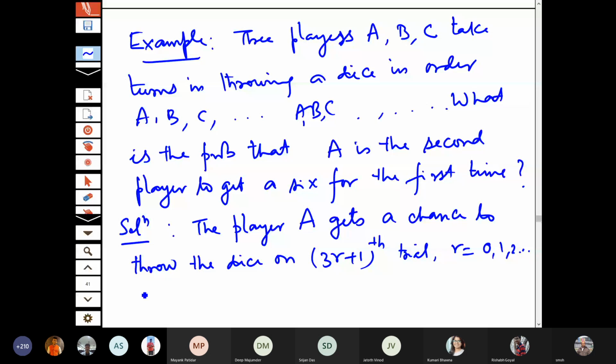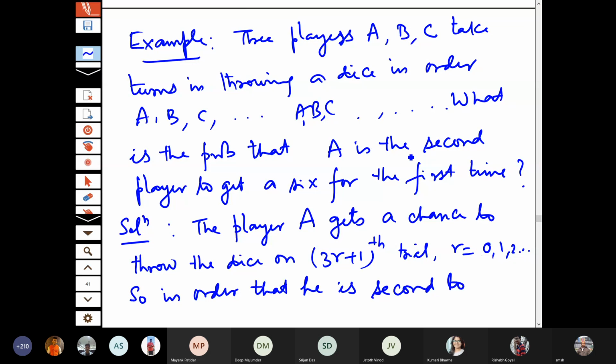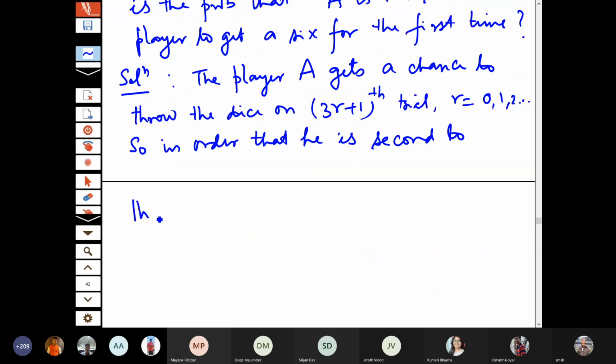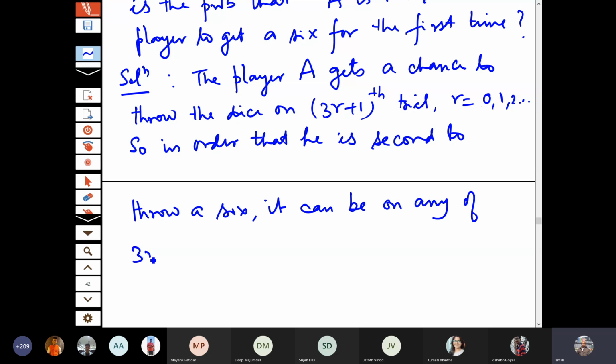So in order that he is second to throw a 6, on the first one definitely he cannot get it, so it can be on any 3R plus 1th trial for R equal to 1, 2 and so on.